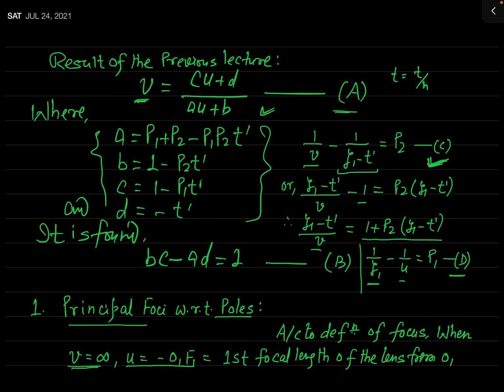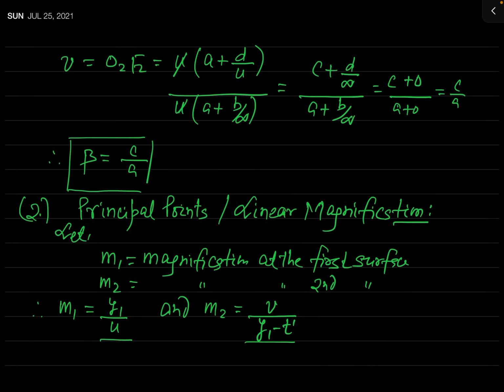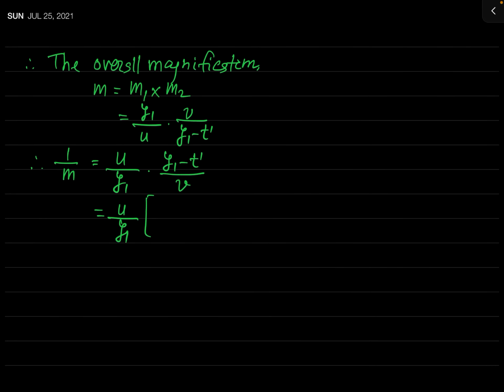We will substitute this value here, so this can be written as 1 plus P2 times Y1 minus T prime.